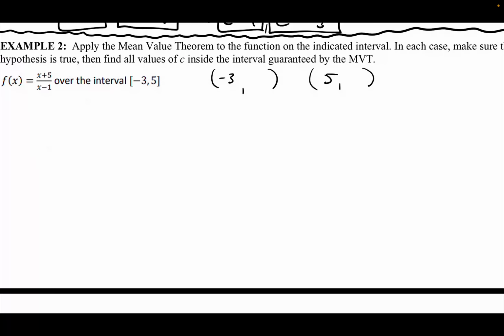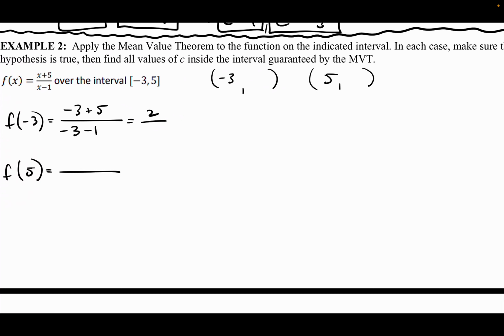The original, I'm not to the derivative yet. So f of -3, f of +5. So -3 plus 5, -3 minus 1. 2 over -4, which is -1/2.